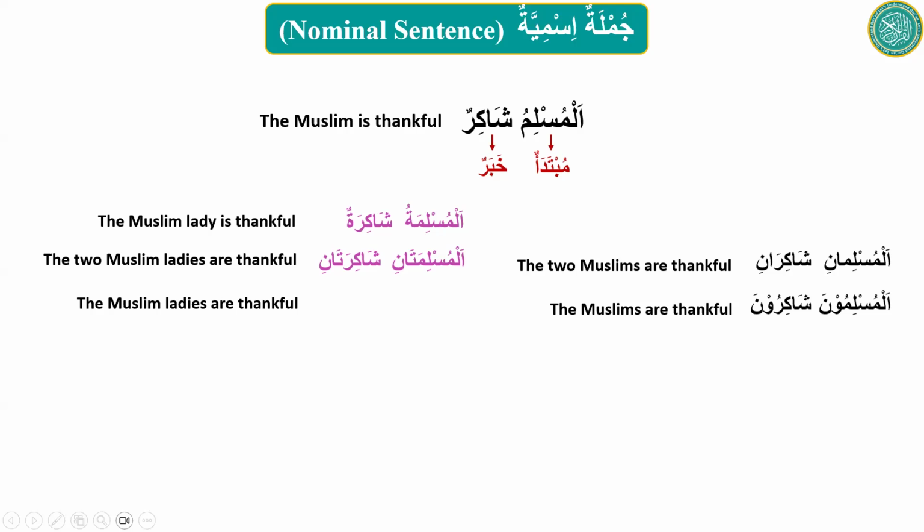Al-Muslimatu Shakiratu, Shakiratun. Why this Shakiratu, why can it not be al-muslimatun? Why do I have one dhamma here?